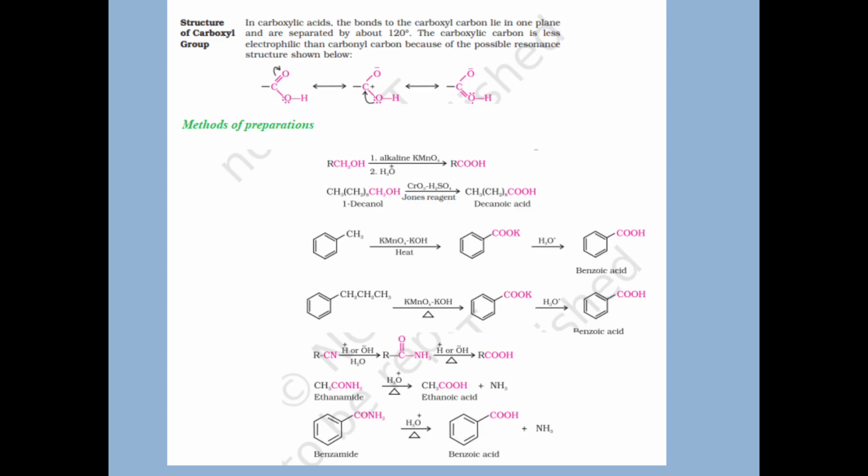Methods of preparation. We can prepare it by oxidation of alcohol, or oxidation of an alkyl group. Like, the first one is converted into a carboxylic acid with alkaline KMnO4. If we give CrO3/H2SO4, that is Jones reagent, 1-decanol will be converted into decanoic acid.